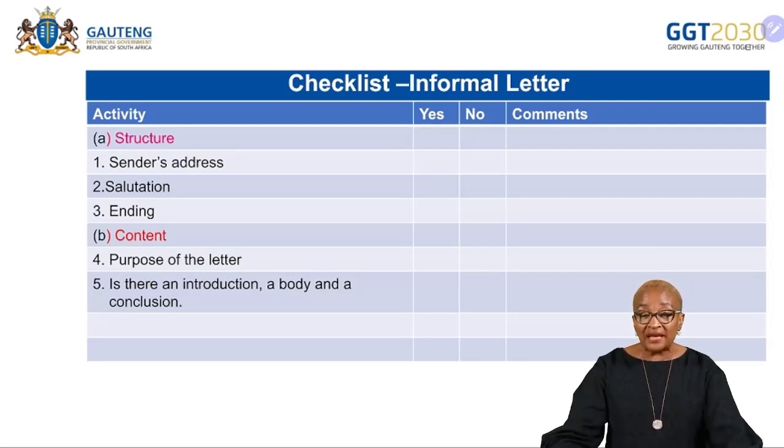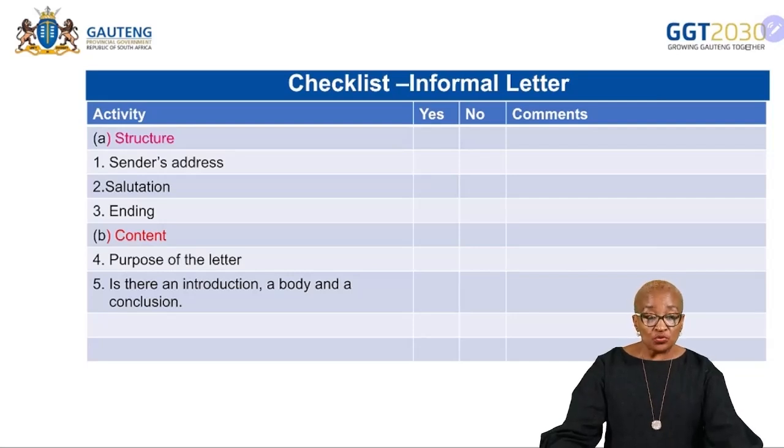However, in the comment section, you would write, for example, the date not being included. Or if, for argument's sake, you have punctuated your address, that would be part of the comment. The same procedure would be followed with your salutation and your ending.